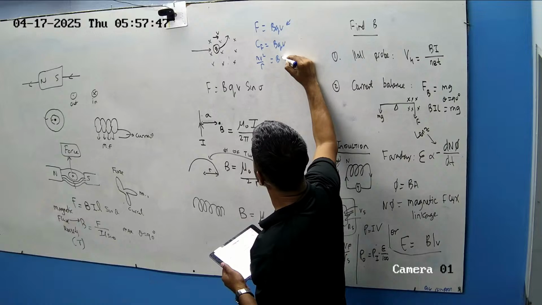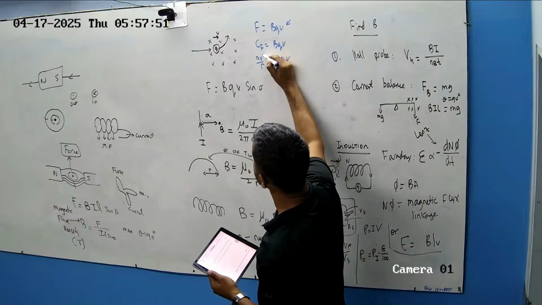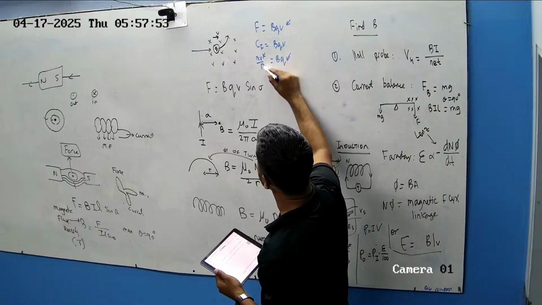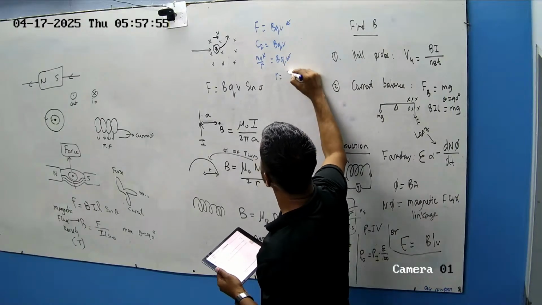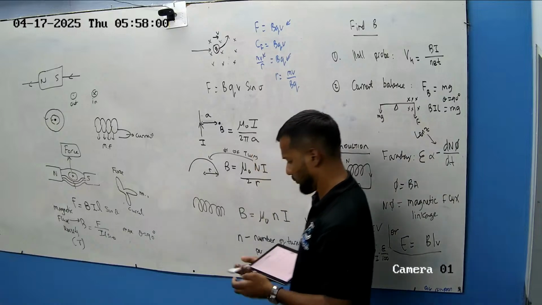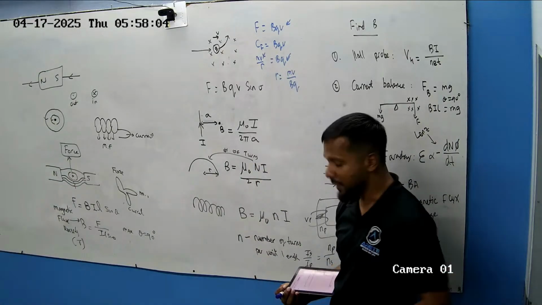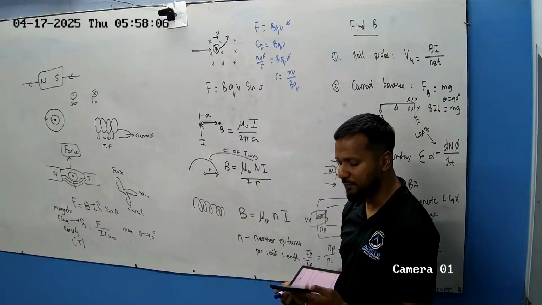And they want us to make r the subject. So this v cancels here, bring the r here, you'll get mv over BQ. Are you okay with that? Then plug it in and tell me what you get for r.